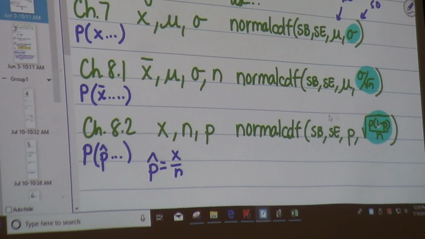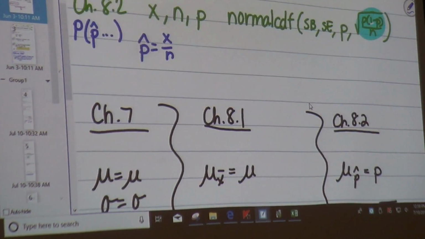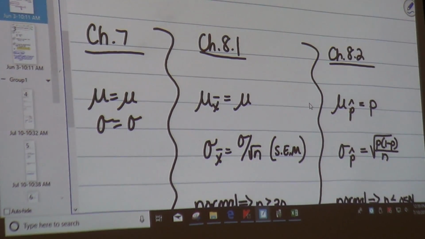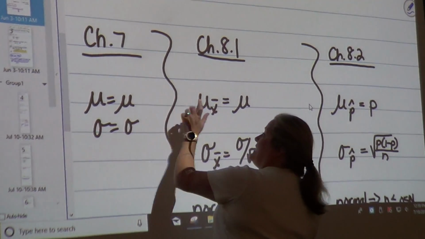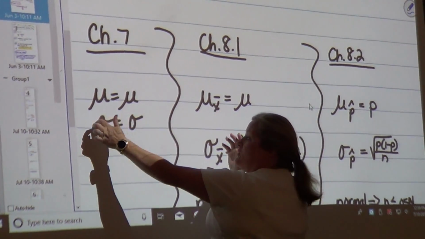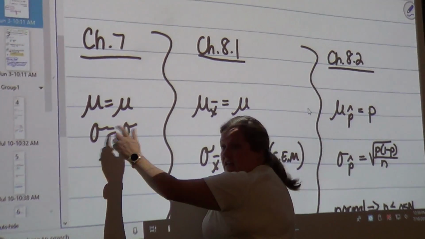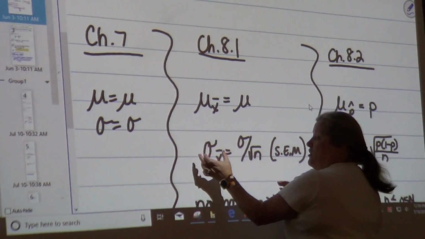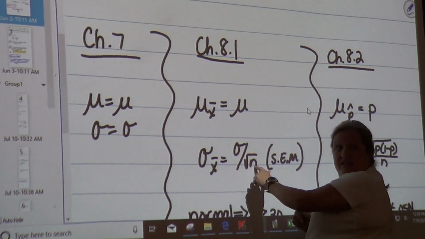So we're just putting more sampling, more groups in there. Now, I'm only going to talk about 8.1 right now. The mean is the mean. Standard deviation, if you're by yourself, it is what it is. If you're fat, you're fat. If you're skinny, you're skinny. Here, you're going to divide by the square root of the size of the group.